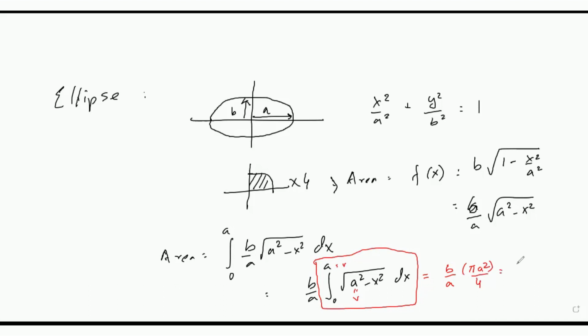And so this comes out to be pi a b over 4, and therefore the full area of the ellipse is pi a b. And that is pretty much how to calculate areas under the curves.